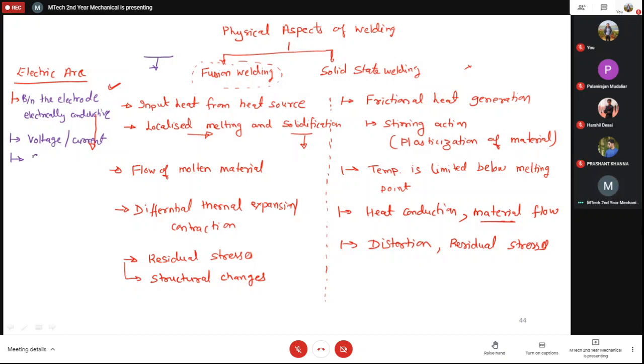So electrodes separated by a small distance. It happens in the presence of either air or any ionizable gas. Okay, so this is the characteristic of the electric arc.